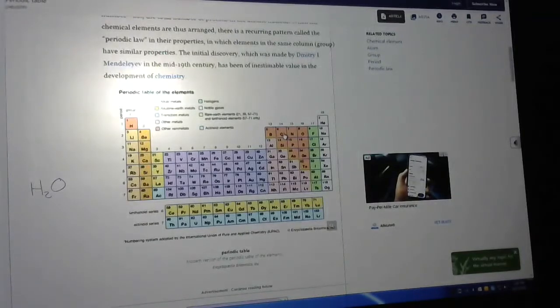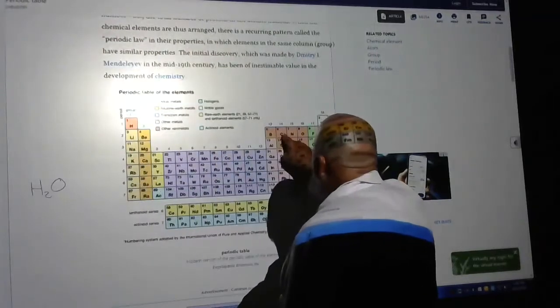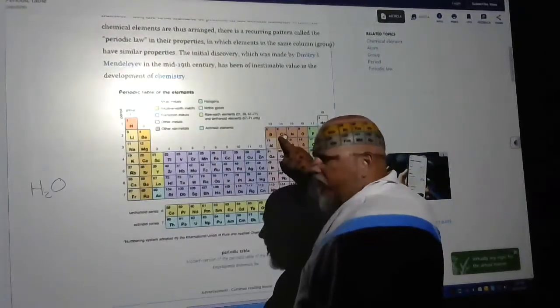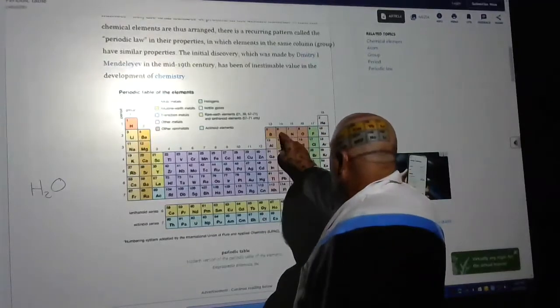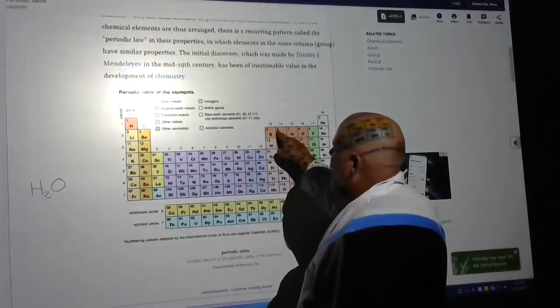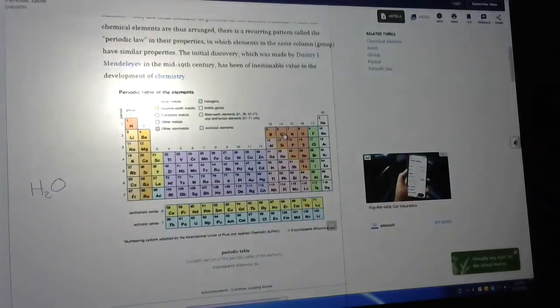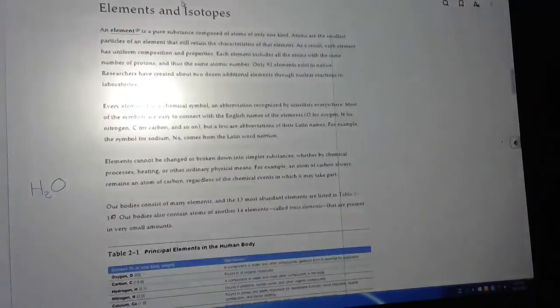This periodic table actually doesn't have the weights here, but if you had one that had the weights, it would be protons and neutrons for this number. This is the atomic number, the number of protons.